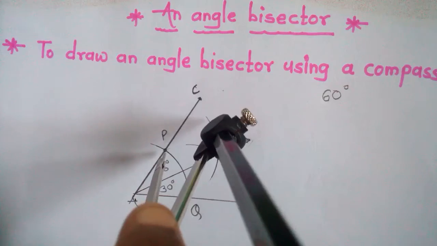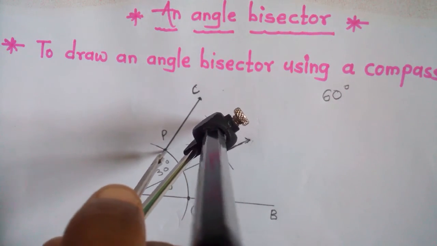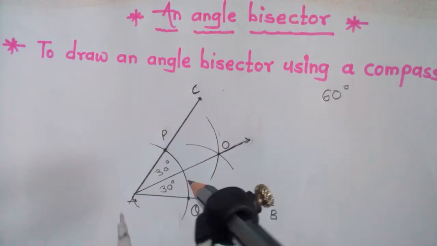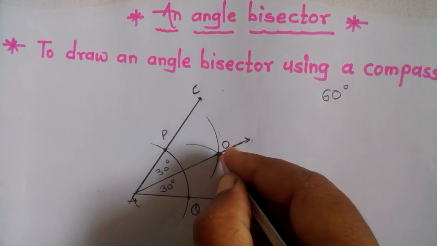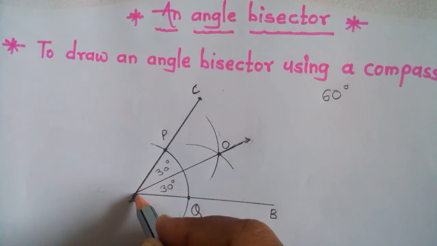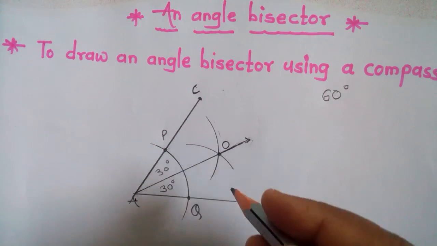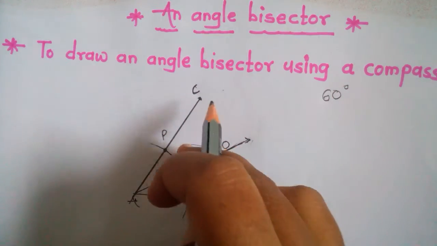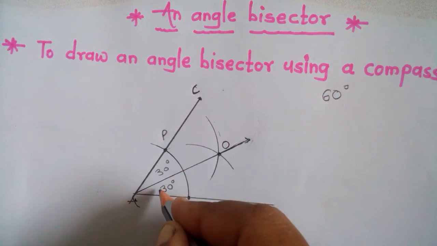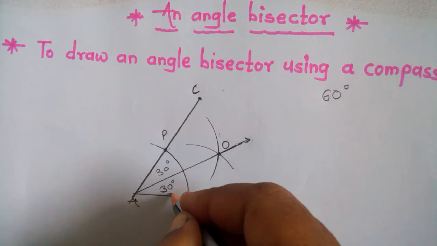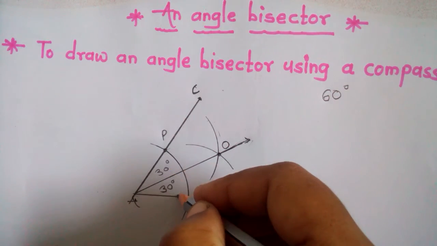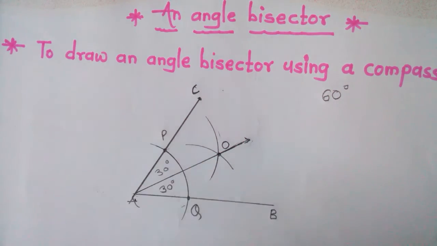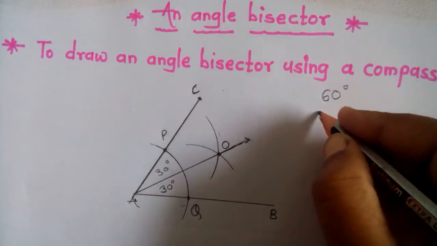Same thing you have to do here: keep one point on P and draw the arc here. And then the midpoint of that arc, you have to join with this point. Then you will get two angles, and both angles have the same measurement. All of you understood?